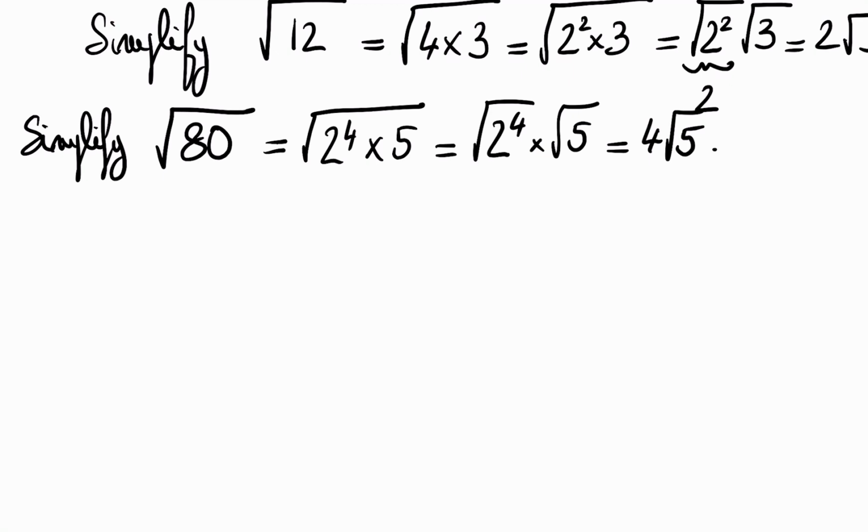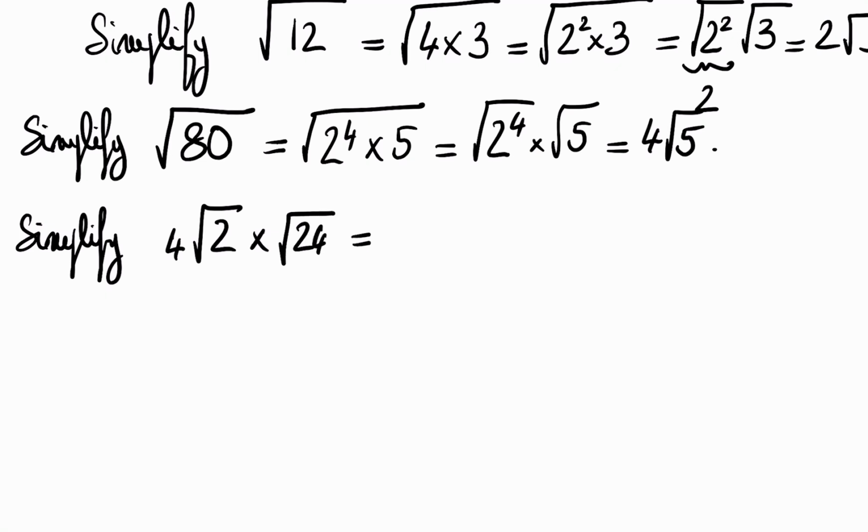Let's do another one. Simplify 4 root 2 times root of 24. For 4 root 2, there is not much we can do, so we're going to leave it like that.